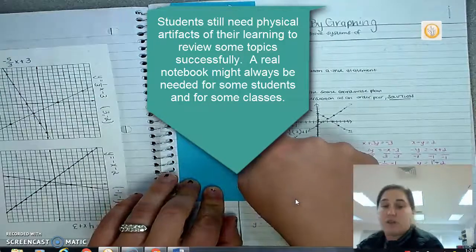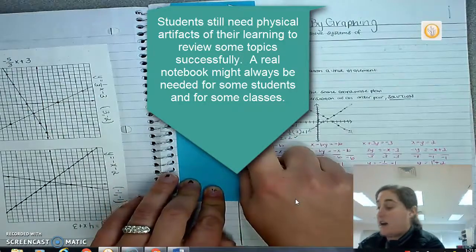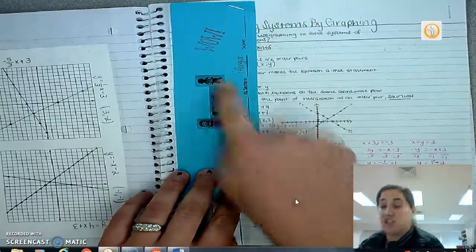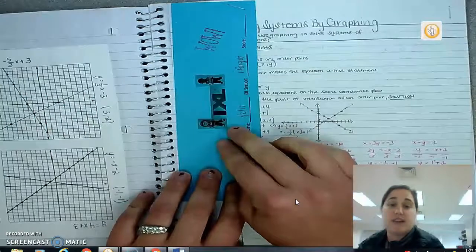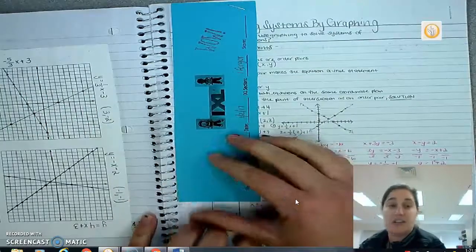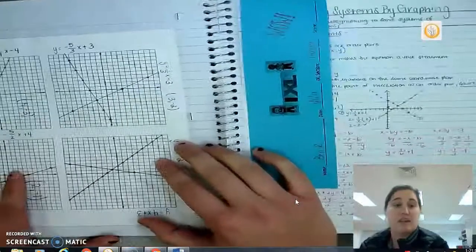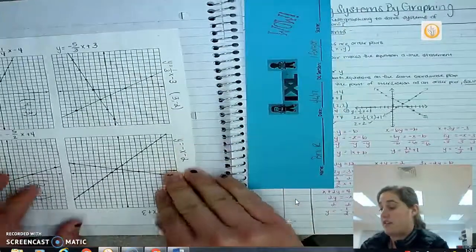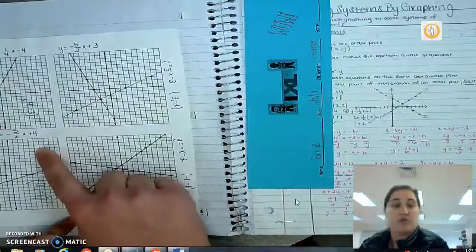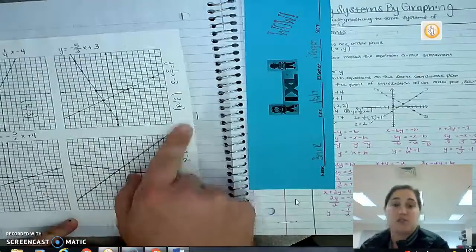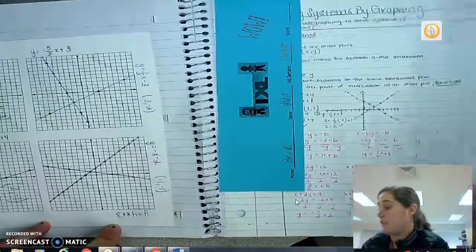She obviously couldn't remember what section it was on, but I was able to check on the iExcel website and actually see that she had it done, so therefore she gets the little iExcel ticket. And then their assignment would be here. So they've shown that they can successfully graph a system of equations and identify the solution based on the intersecting point.